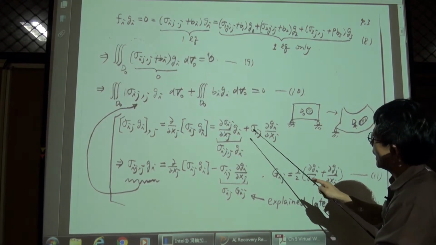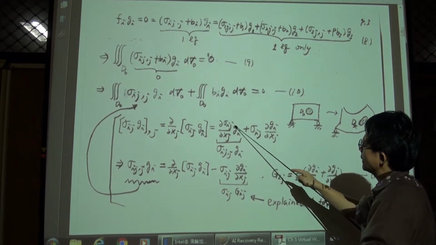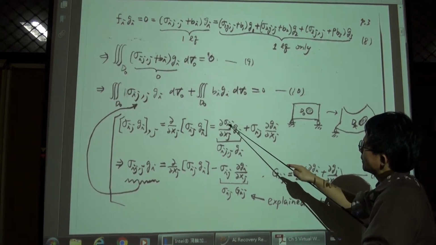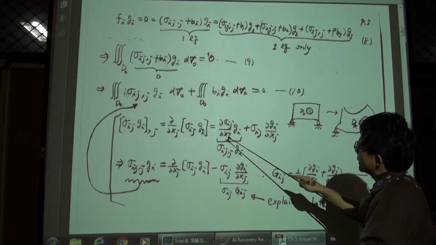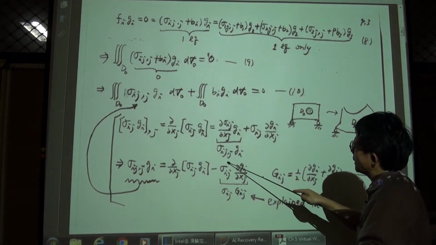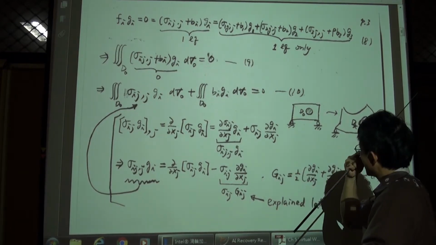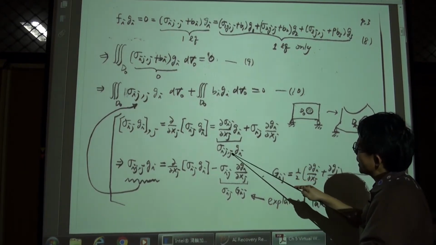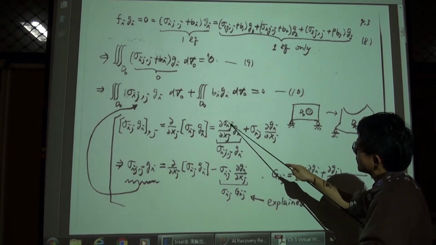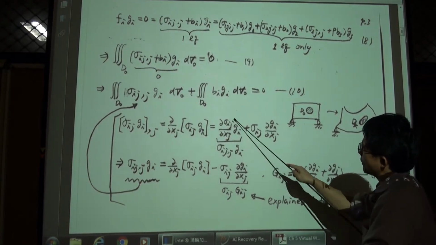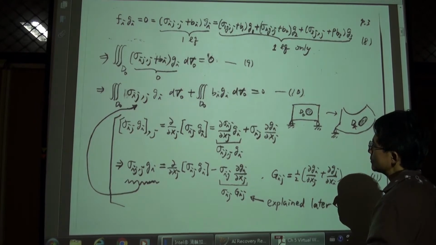Now, this term can be rewritten as sigma ij comma j, because sigma ij comma j is just partial sigma ij partial xj. We replace this term by this term.